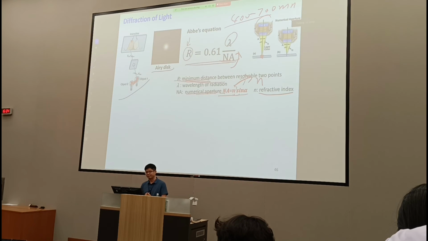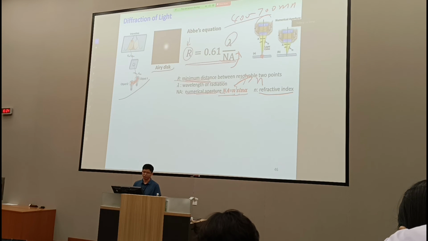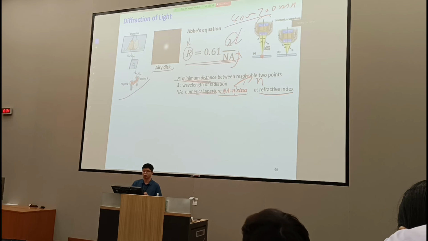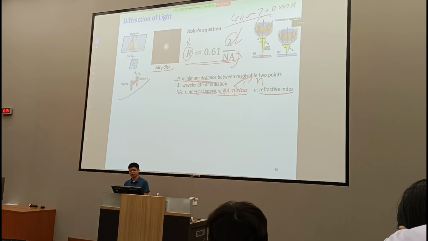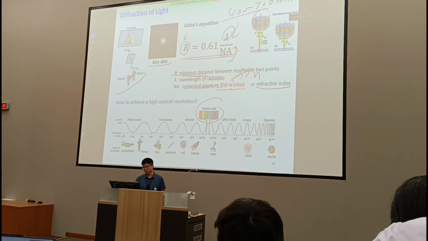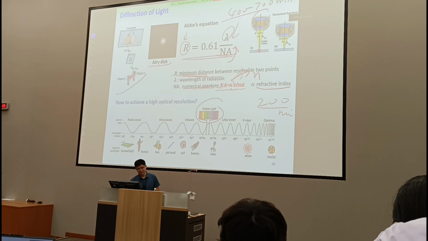The second factor is lambda. You typically use visible light. If you want better resolution, you have to reduce lambda dramatically. You can use 400 nanometers, but you are still stuck in the 200 nanometer range. How do we push this further?